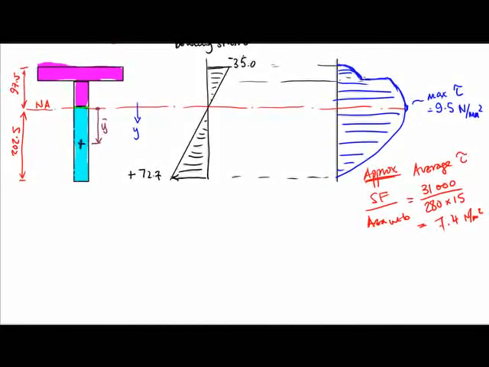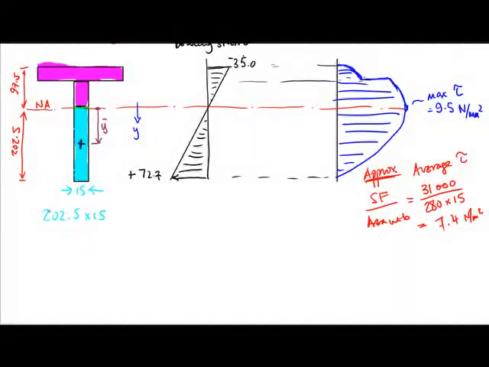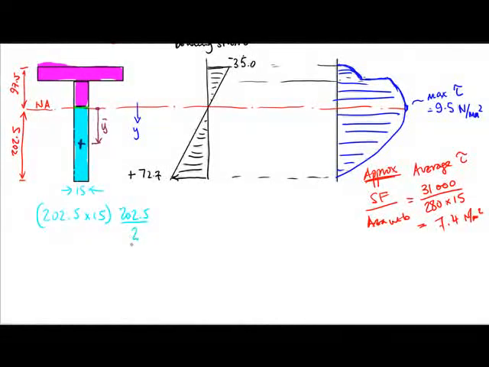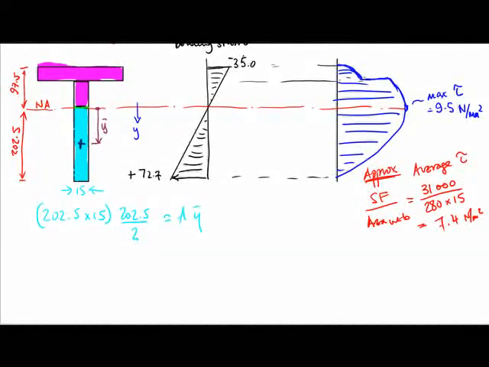But just to show you, Ay-bar in the blue was 202.5 times 15, that's the area. The y-bar is the distance from the neutral axis to the centroid, that was 202.5 over 2. So this is Ay-bar in blue.